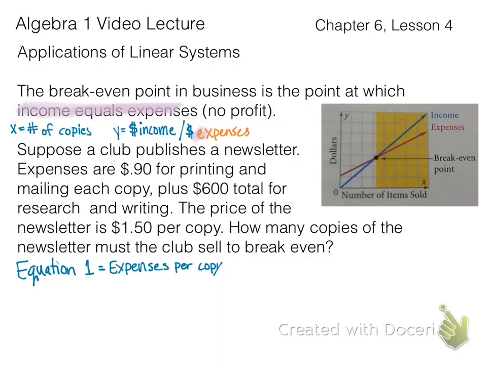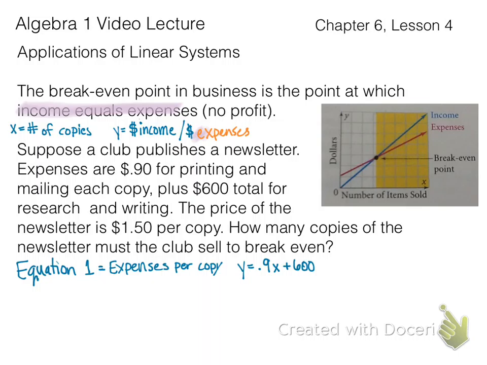All right, so equation 1 is Y equals 0.9x plus 600. 0.9 is the 90 cents for printing and mailing, and the 600 is how much we have to spend on research and writing as a total. Okay, and so that's going to lead us to our expenses, which is Y.